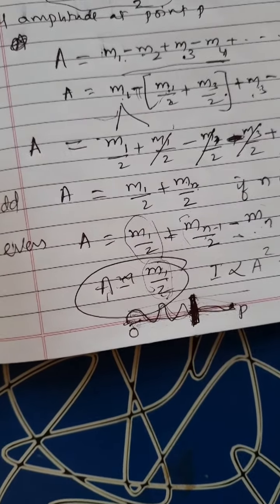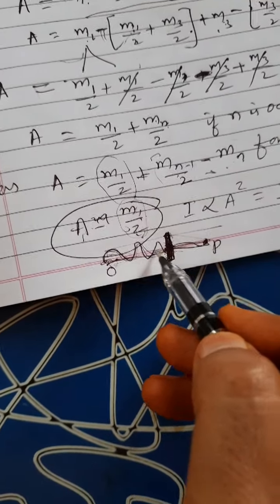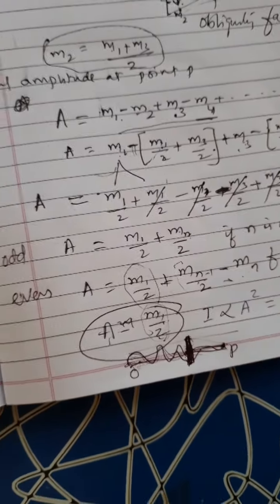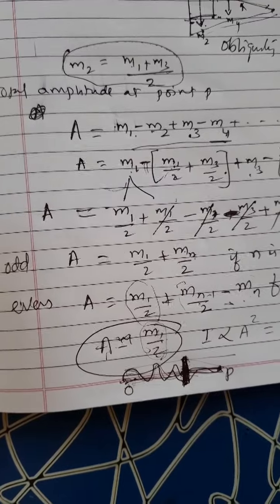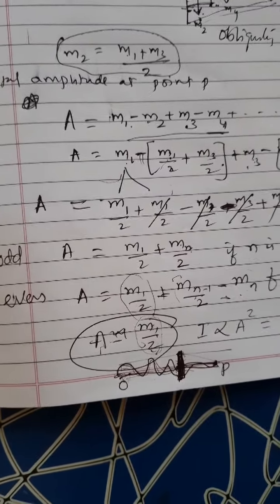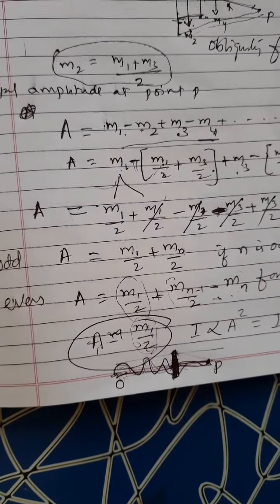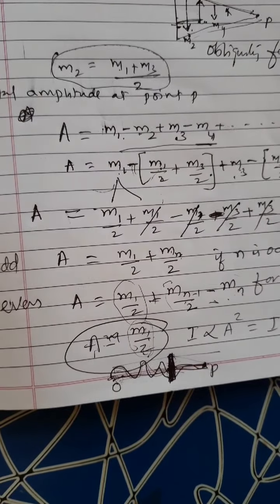For that reason, we observe the rectilinear propagation of light. If the size is less than this, then light is reaching point P, and only then you are able to observe the bending of light rays. Okay, that is the explanation given by Fresnel for the rectilinear propagation of light.